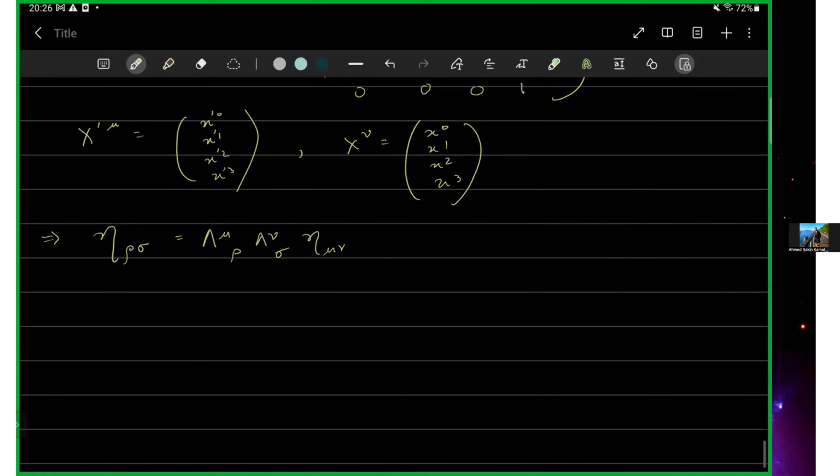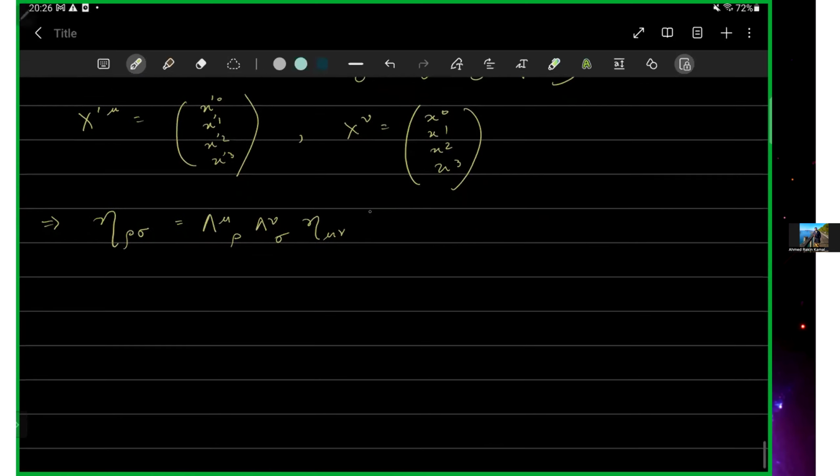And in fact, the set of matrices that satisfy this particular constraint define the Lorentz group.